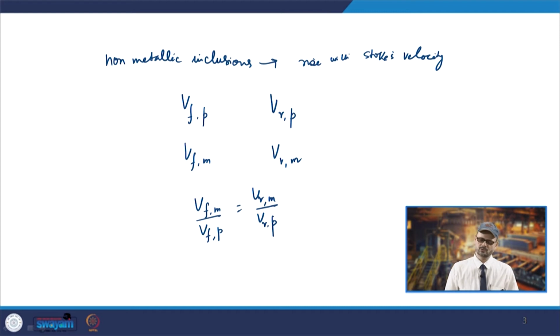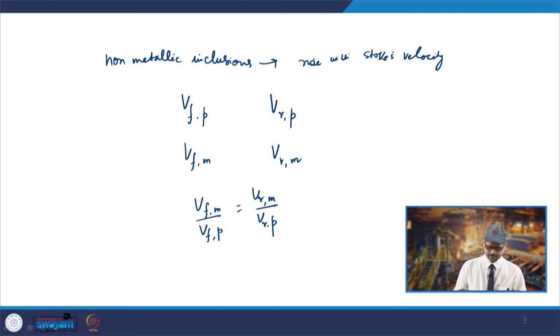Furthermore, you will be assuming certain things: that the Reynolds as well as the Froude similarity criteria are satisfied, and you will be going for a reduced scale model.